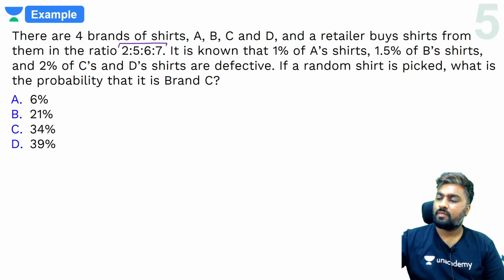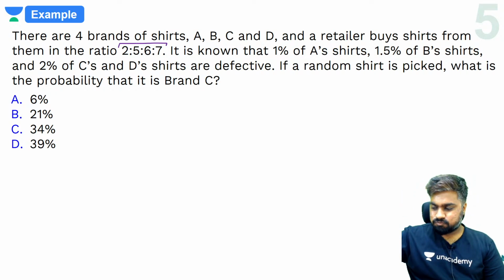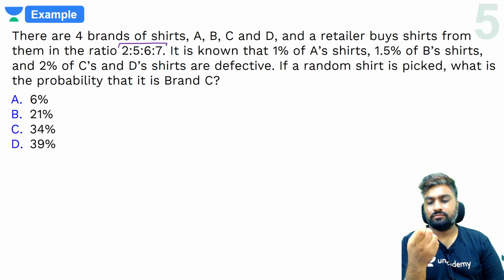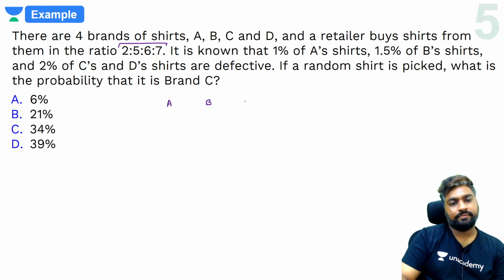Quickly let's try. ये उससे पहले वाले सिचुएशन से भी इजी, पहले वाले का एक्सपैंडेड फॉर्म है बेसिकली. सो देर आर 4 ब्रांड्स ऑफ शर्ट्स. इनका रेशियो क्या है कि अगर 2 पार्ट्स ए से लेता है तो 5 पार्ट्स वो बी से लेता है, 6 पार्ट्स वो सी से लेता है और 7 पार्ट्स वो डी से लेता है.